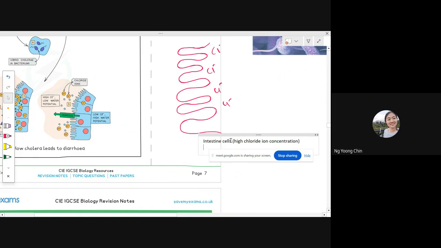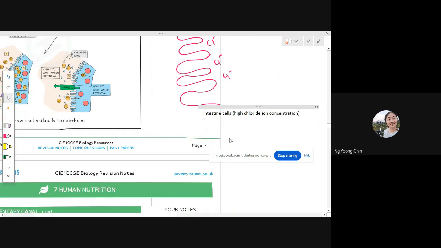The intestine cell will appear as what we call hypertonic. It's hypertonic because of low water potential. Why? Because within the intestine cell, the chloride ion concentration is higher than the water.